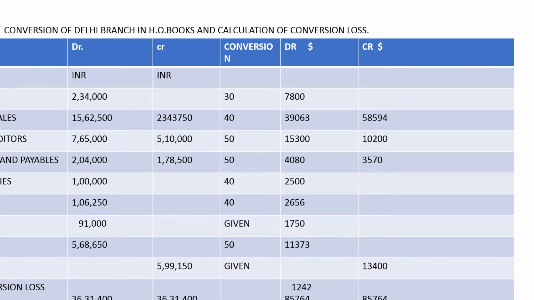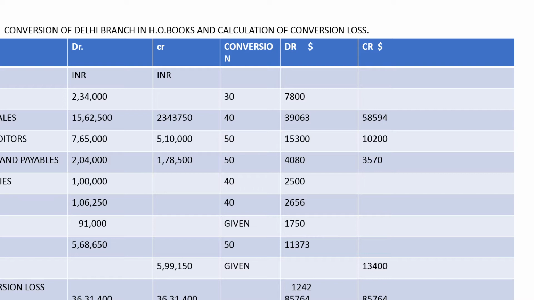The average rate was 40. So they come in Australian dollars: purchases come to 39,063 and sales come to 58,594.